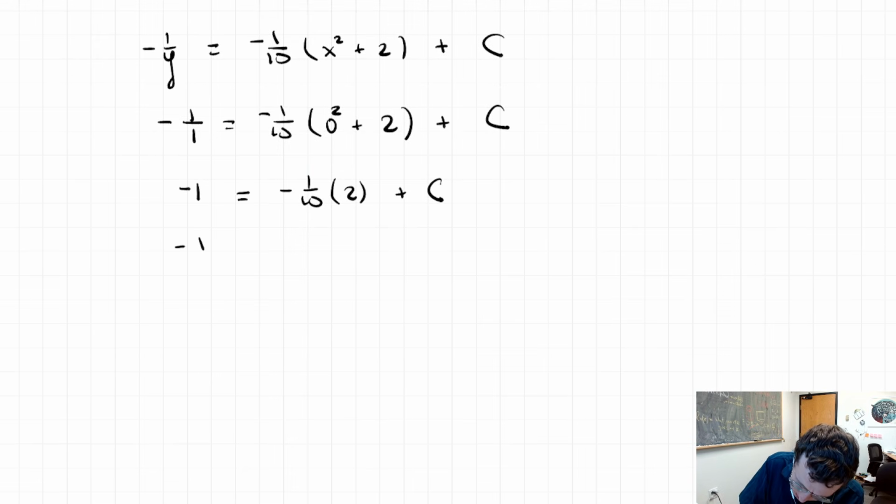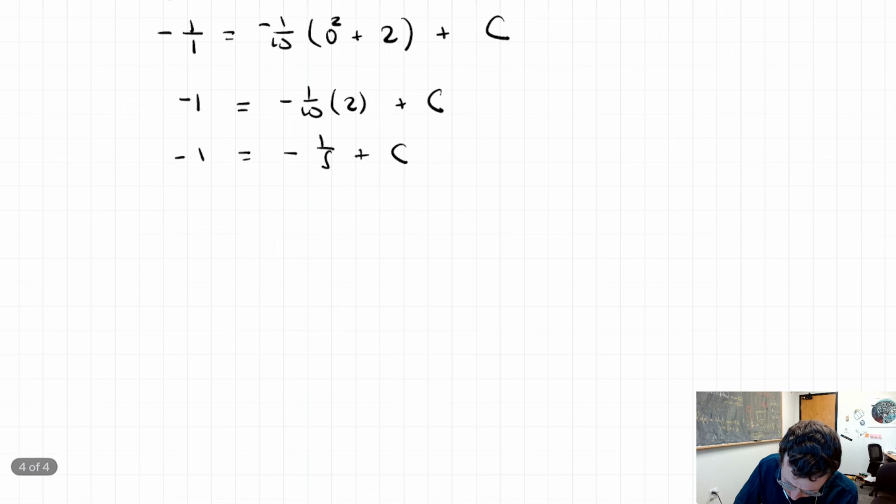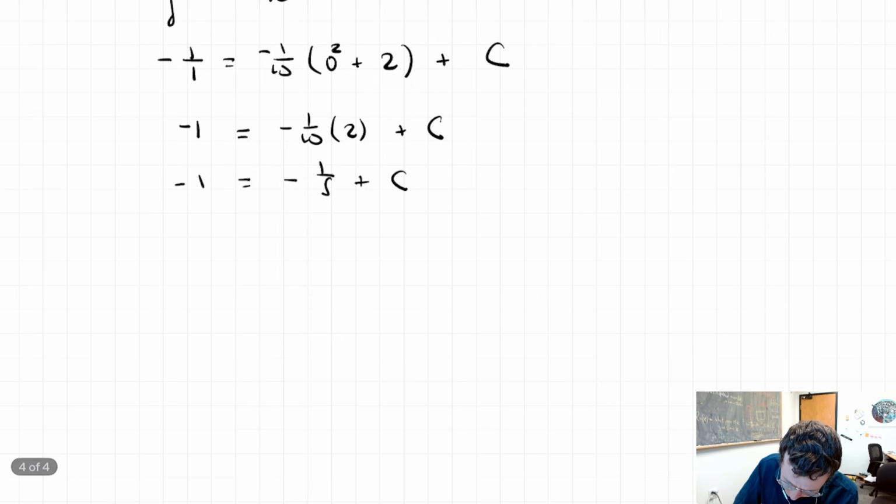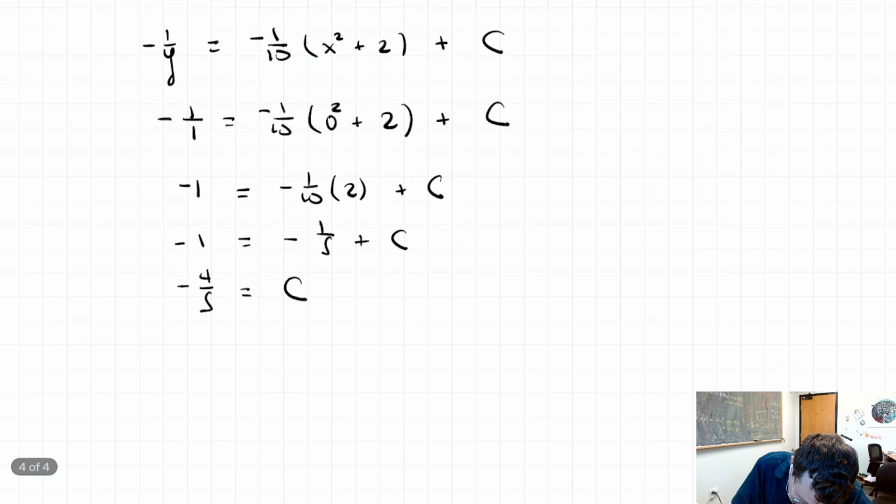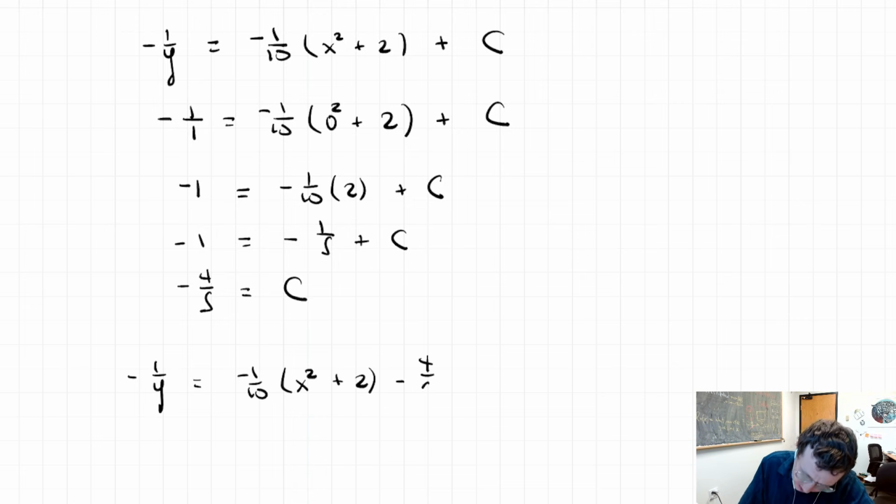So minus 1 equals minus 1/5 plus c. If I add 1/5 to both sides, I get minus 4/5 equals c. So my equation is minus 1 over y equals minus 1/10 times (x squared plus 2) minus 4/5.